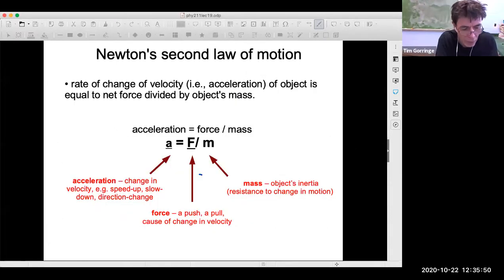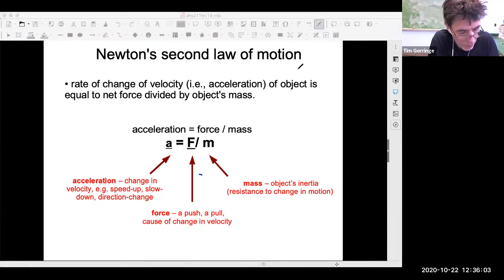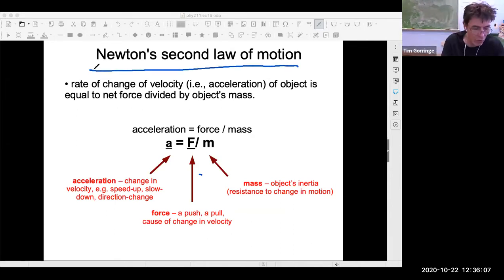Okay, so this is just a quick reminder. Of course, we all know this. It's Newton's second law of motion. I'm just reminding us of Newton's second law of motion because we're going to talk about Newton's second law of rotation.